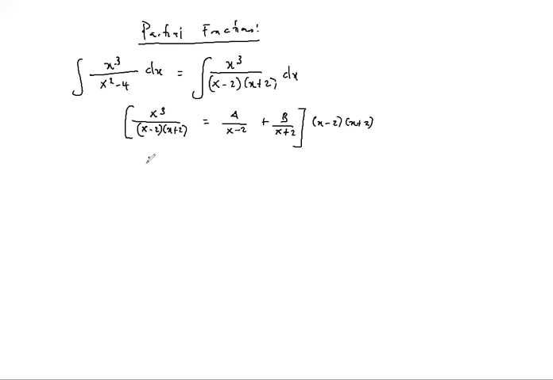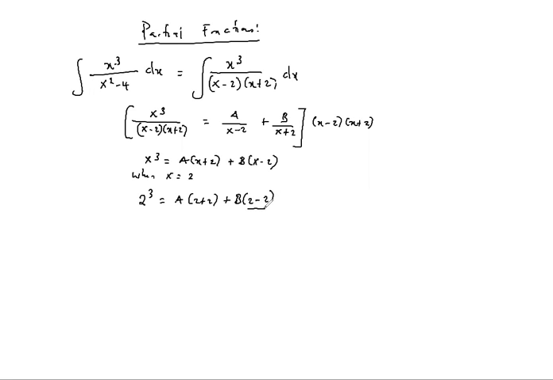So it will be x cubed is equal to A(x plus 2) plus B(x minus 2). And when x is 2, we'll have 2 to the power 3 is equal to A(2 plus 2) plus B(2 minus 2).